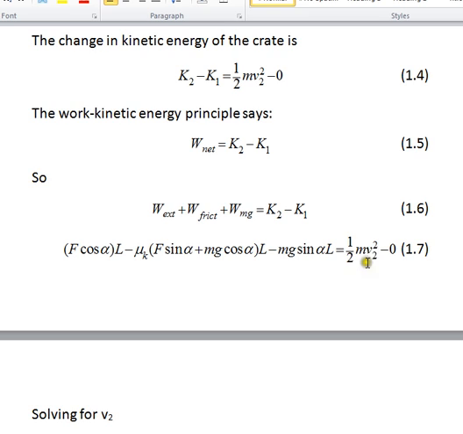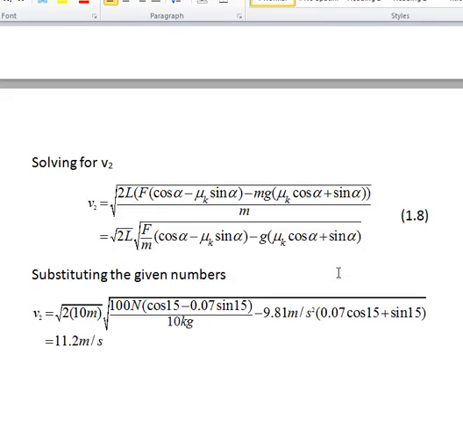So we can solve this expression for velocity squared. It may actually be easier to evaluate this just by calculating term by term, since we have expressions for all of the work terms here. But you can put it all together, struggle through some algebra, and come up with an expression similar to 1.8 here.